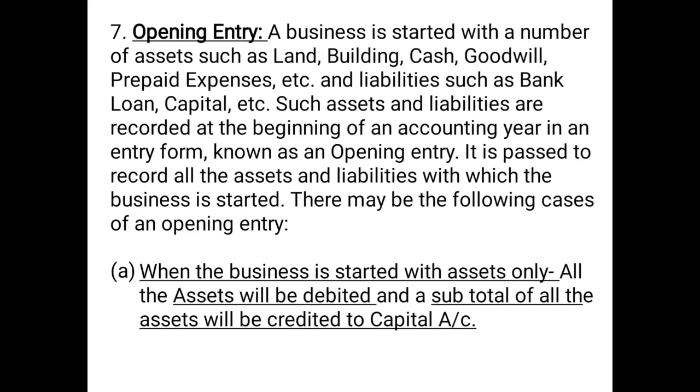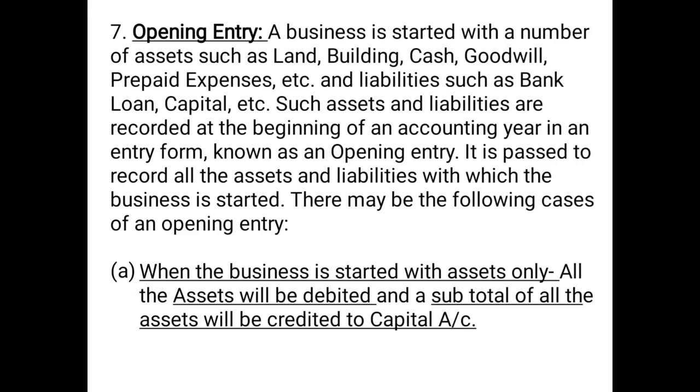So what is an opening entry? It is an entry where the various assets and liabilities with which either the business is started or the accounting year of the business is started are recorded in the books of journal. It is passed to record all the assets and liabilities with which the business is started.